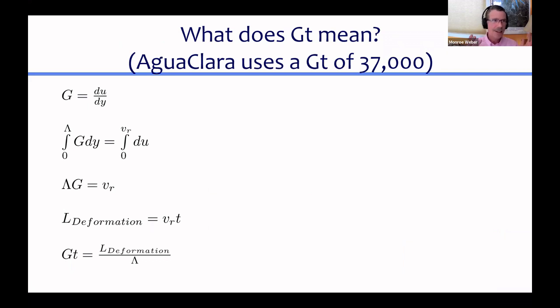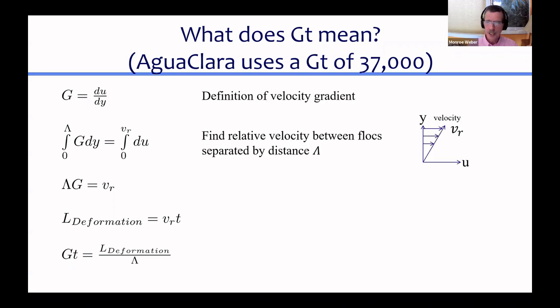And I thought it'd be helpful to show what in the world GT means. So G is du dy. It's the change in velocity over distance. And if you want, you could integrate that velocity from 0 to lambda, which is the separation distance between two particles. And you could integrate that over from 0 to VR, where VR is the relative velocity between those two particles.